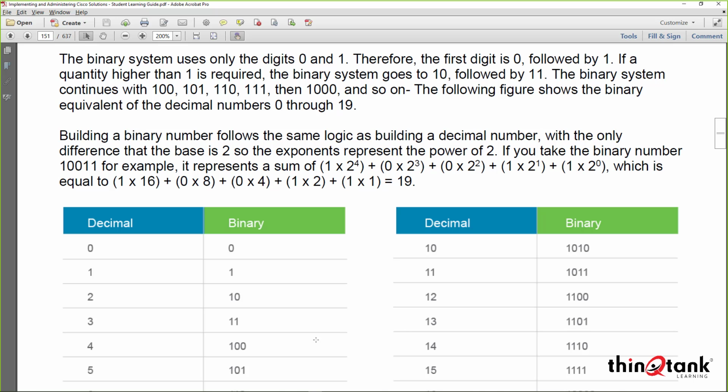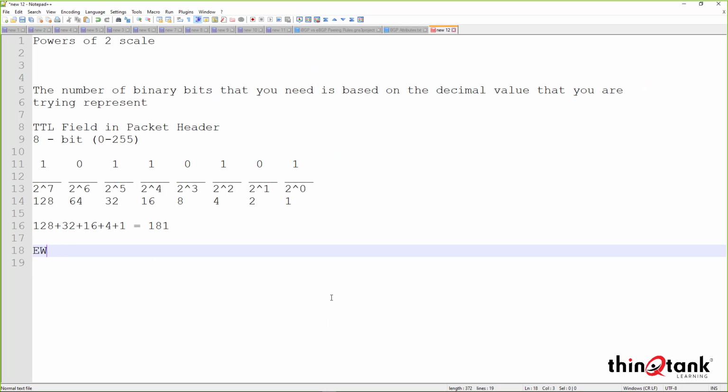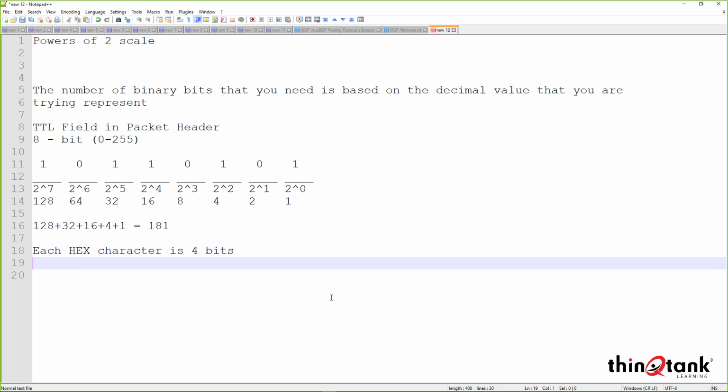Remember how yesterday I stated that each hexadecimal character is 4 bits? Well, there's a reason why I said that. Hex is 0 through 9, A through F, which is equivalent in decimal to 0 to 15. Agreed? Isn't that 16 possible values, 0 to 15?